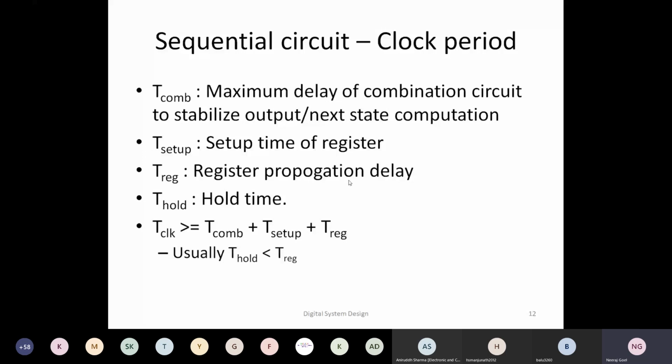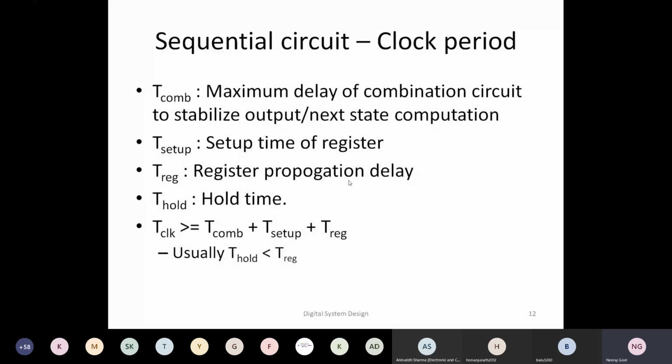If I want my next state to be stabilized, then it's part of the control path. Whatever is the maximum delay of that combinational logic, I call it T comb.